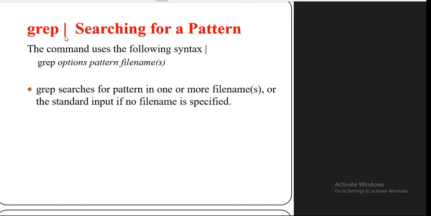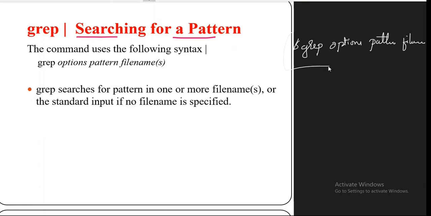So grep is used for searching a pattern. Always remember, it is used for searching a pattern. So how is it going to be represented? The syntax for grep is: at the command prompt, grep, then if you want to specify any options, options are optional, then followed by the pattern, what pattern, and from where, the file.